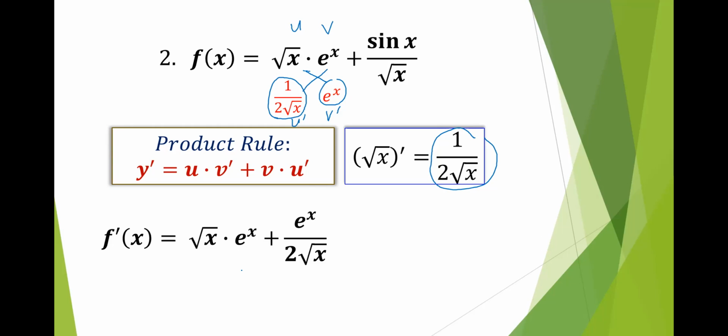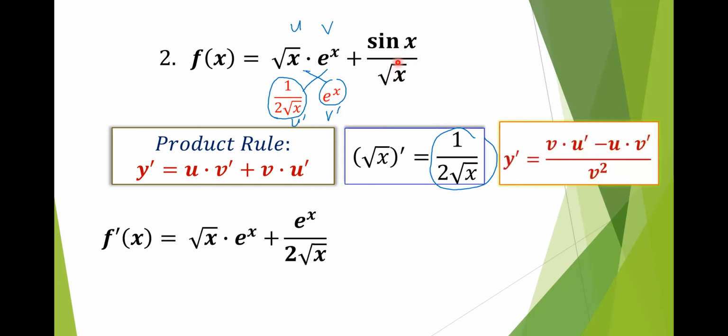Alright. So, doon naman tayo sa pangalawang term dito. What about this one? This is now of the form quotient. Nasa quotient form siya, no? So, that means we need to apply the quotient rule.